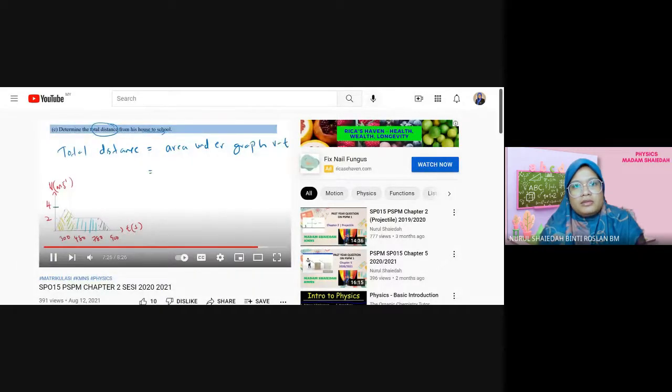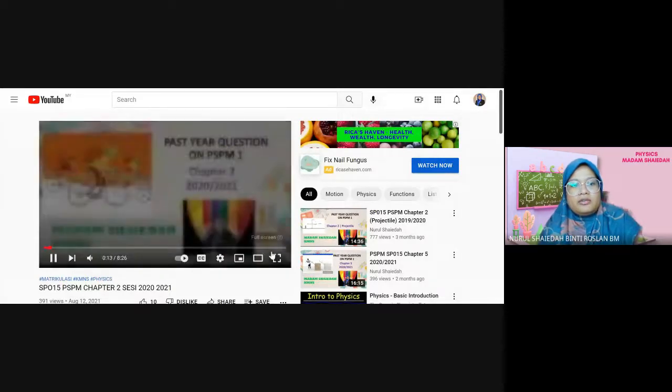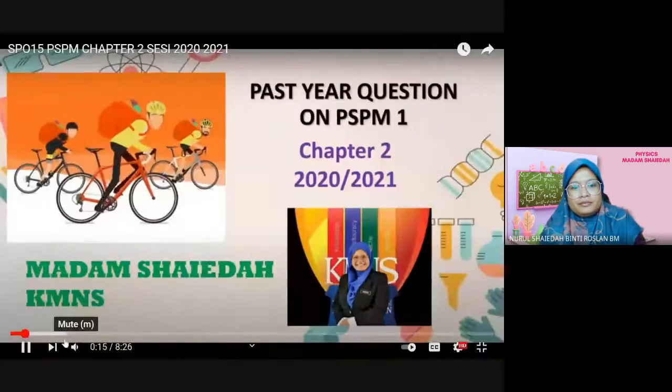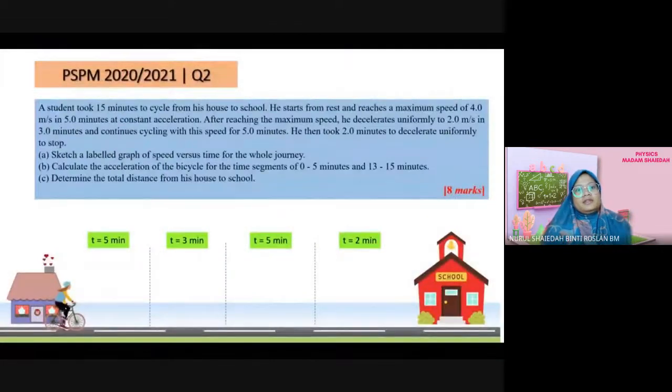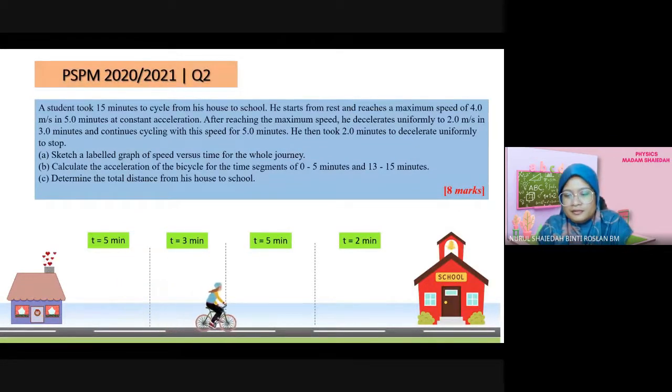Okay, so if I look at my area under the graph, I can divide it. Okay, the question: a student took 50 minutes to cycle from his house to a school. He start from rest and reach a maximum speed of 4 meters per second in 5 minutes at constant acceleration.